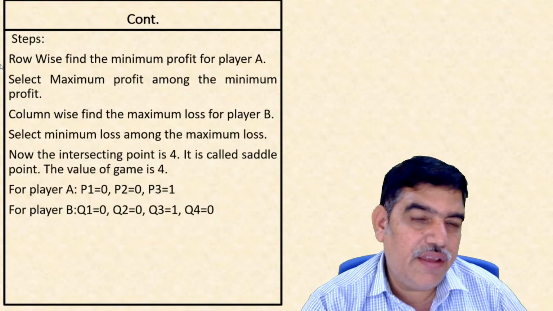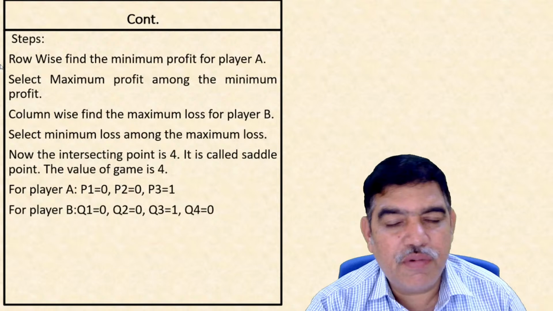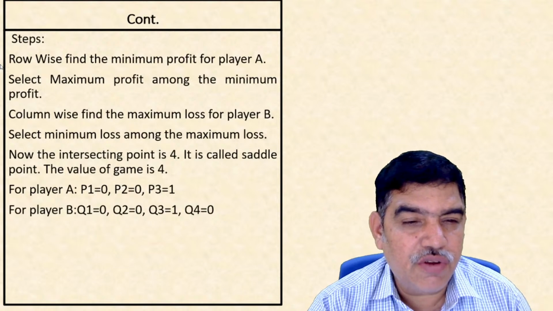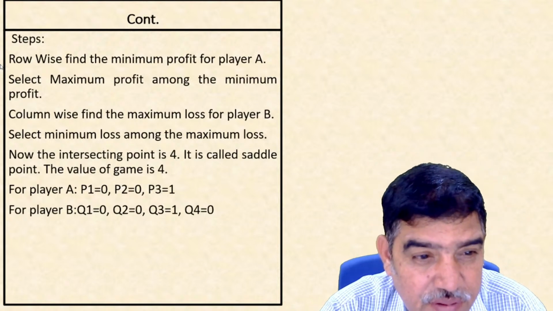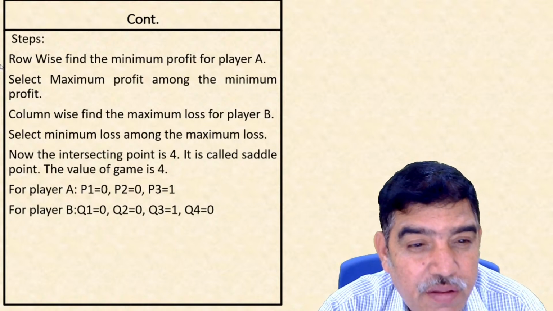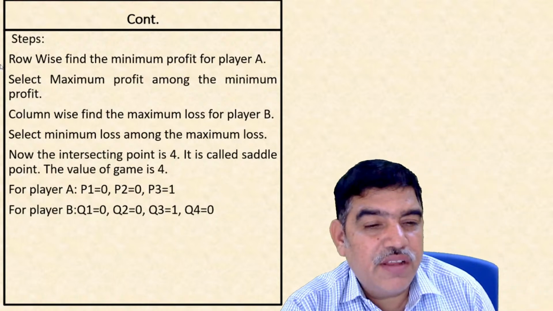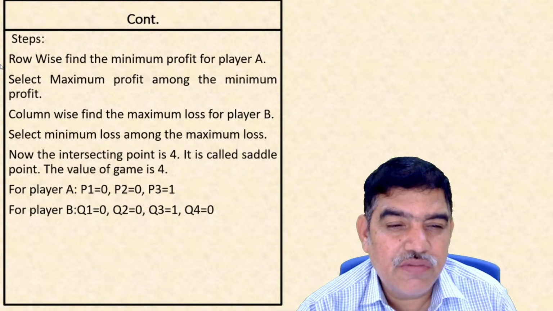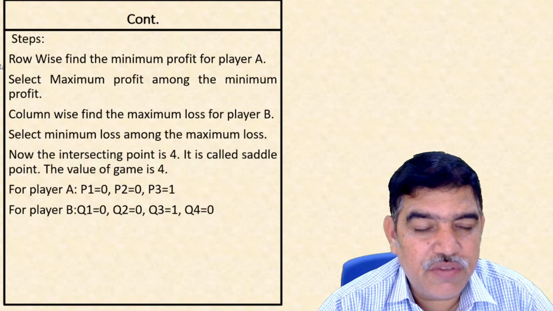For player A, the probability for strategy 1 equals 0, for strategy 2 equals 0, and for strategy 3 equals 1. At the same time, for player B, the probability of getting strategy 1 equals 0. Similarly, if you select strategy 2, the probability becomes 0.